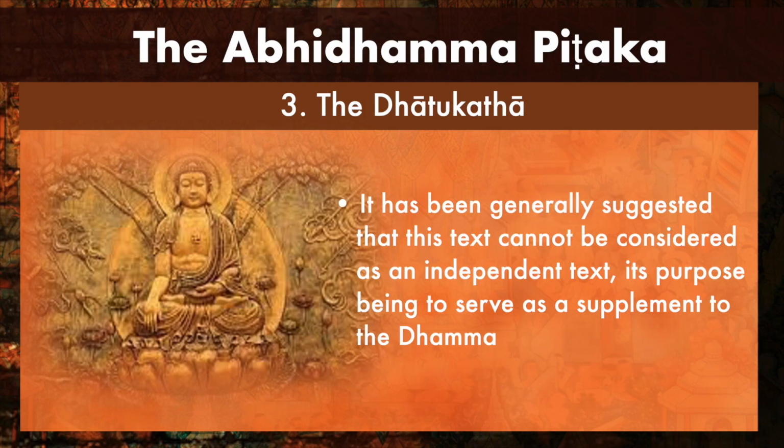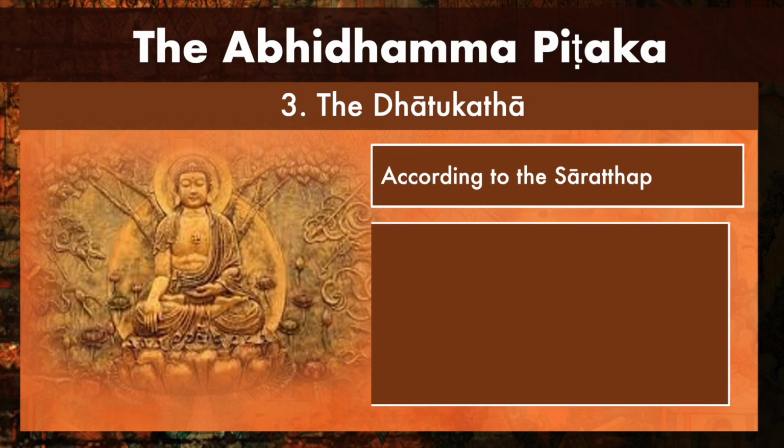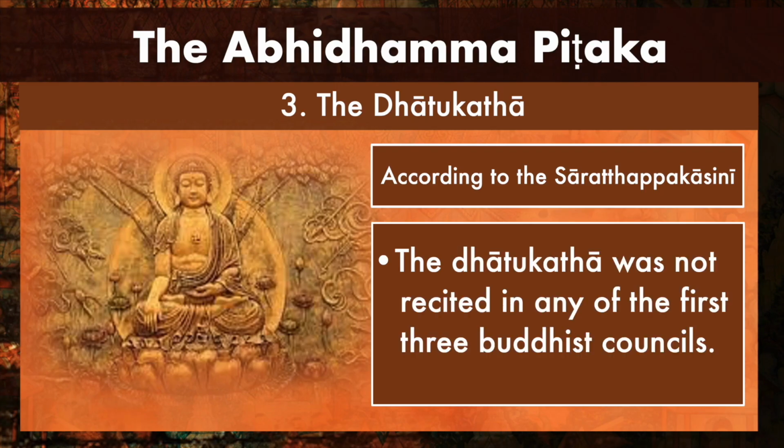It has been generally suggested that this text cannot be considered as an independent text, its purpose being to serve as a supplement to the Dhammasangani. According to the Sarathapakasani, the Dhatu Katha was not recited in any of the first 3 Buddhist councils.